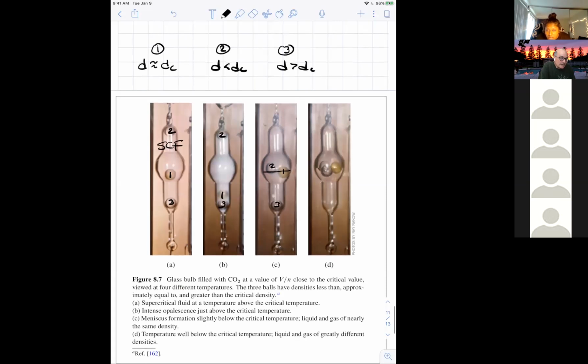And here finally, we're well below the critical temperature, so we really have phase separation. So now we have 3 and 1 and 2, but 2 is kind of floating, 1 is exactly balanced, and 3 is kind of sinking a little bit. In other words, you can think of 3 as being kind of like a boat.